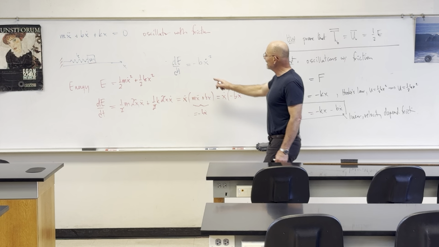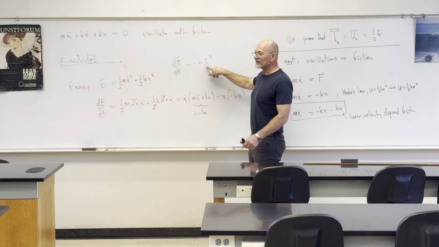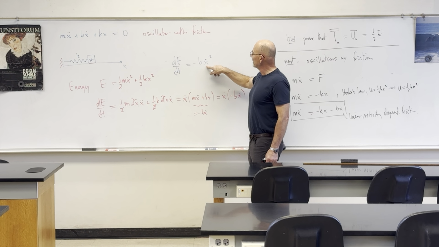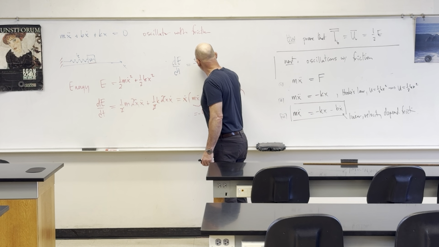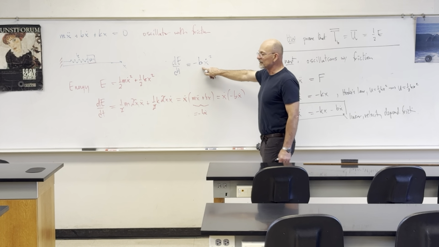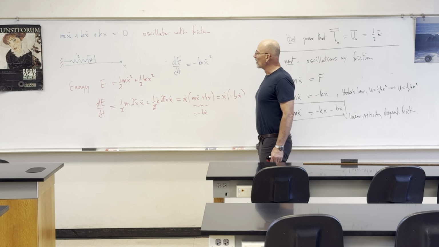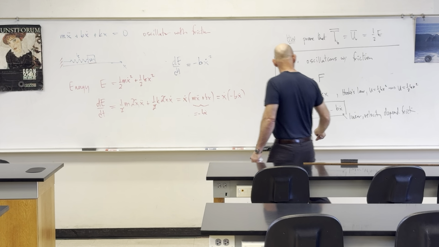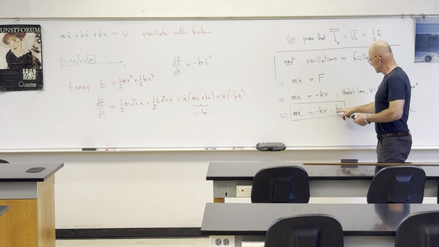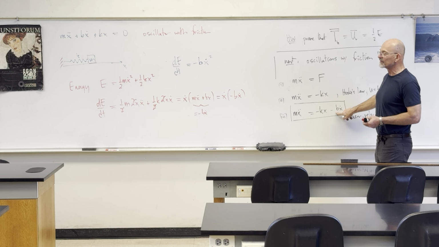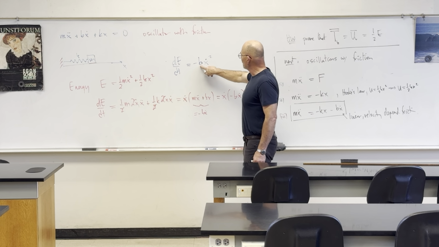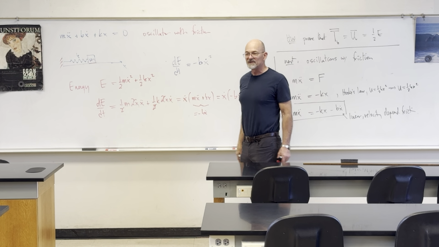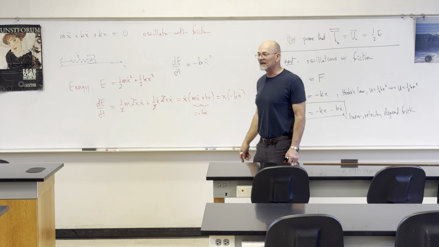So the energy is decreasing because x dot squared is always positive. You could do two things. You could say, I'm going to use this to prove that the constant b is positive, or since b was an opposing-the-direction-of-motion force, we can say, okay, we already knew that was positive, and this is telling us the energy of the oscillator is decreasing.